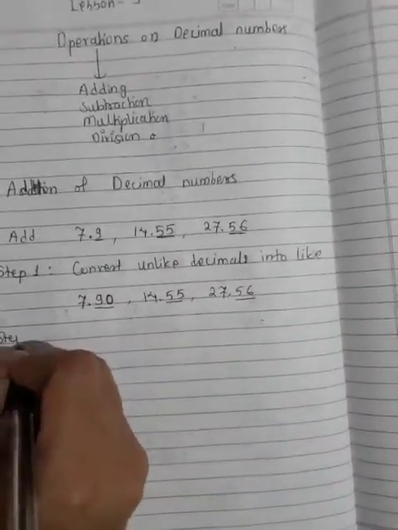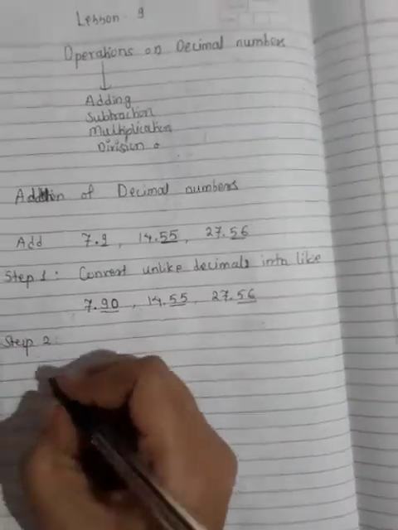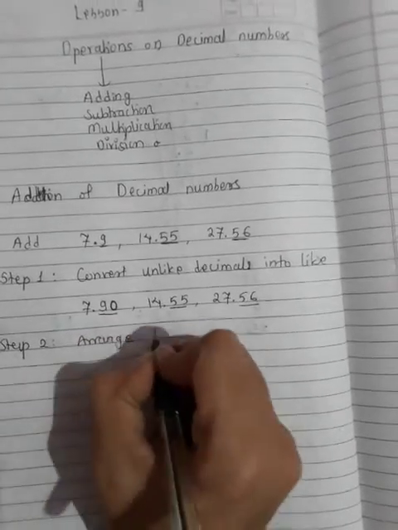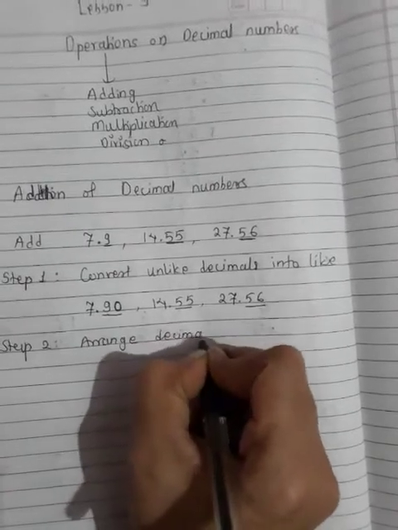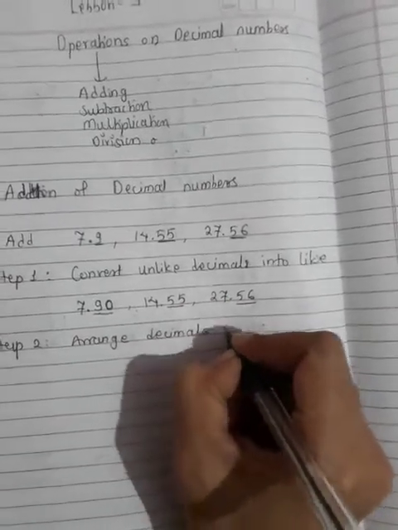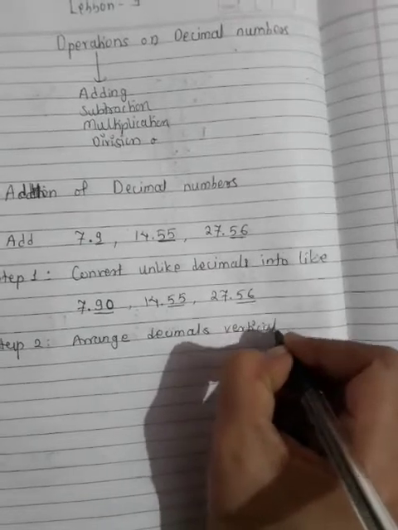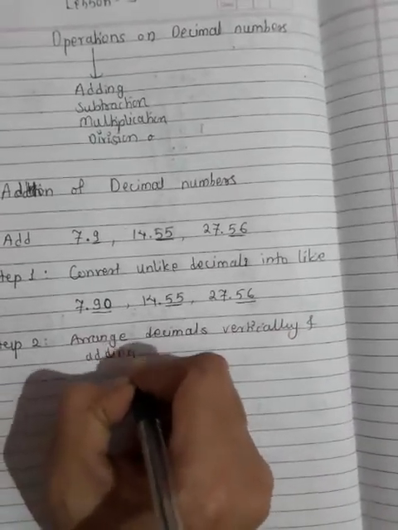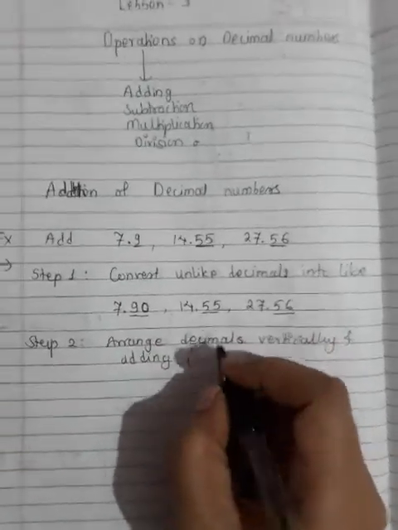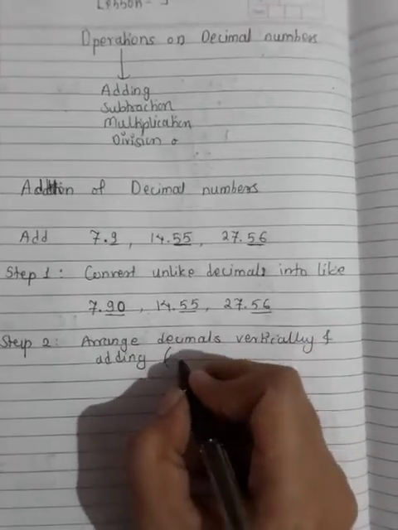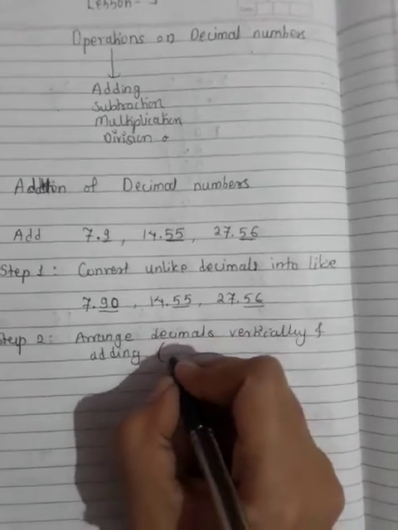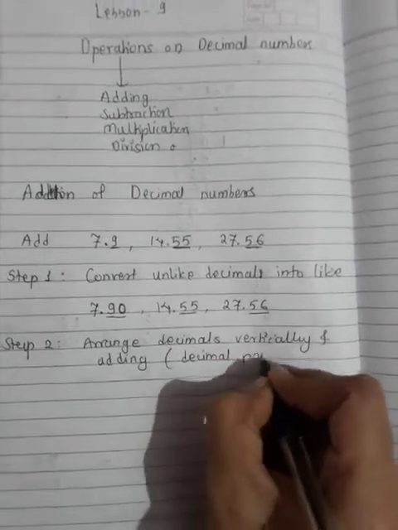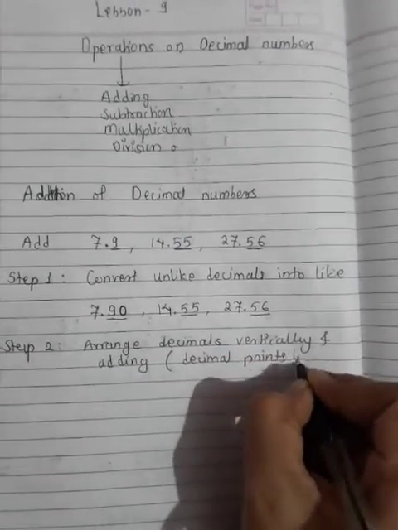Now our second step is what? Arrange the decimals vertically and then add. But see one thing: we have to arrange decimal points in one line.